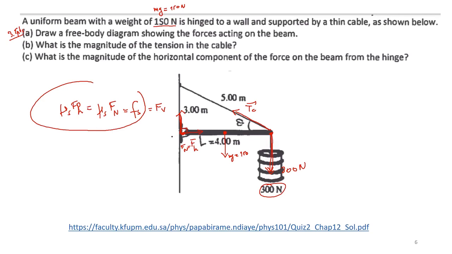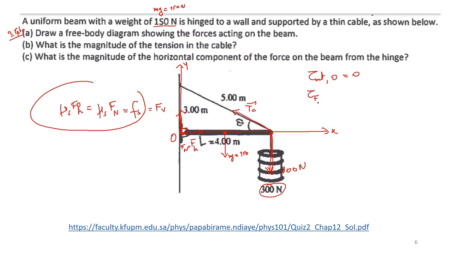And if I put my axis of rotation, my pivot point, at the hinge, I will say that this is the X direction and this is the Y direction. And I will say that my beam is at static equilibrium. Net torque around O is 0. So in one shot, I will get rid of FH and FV because net torque will be what?